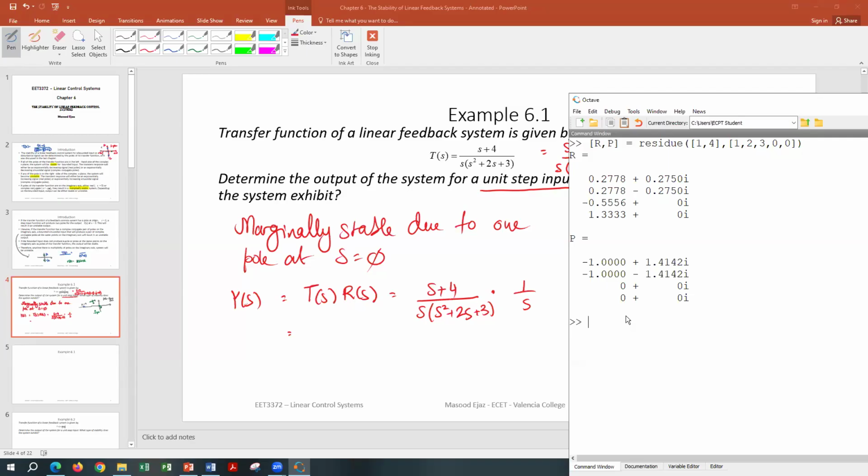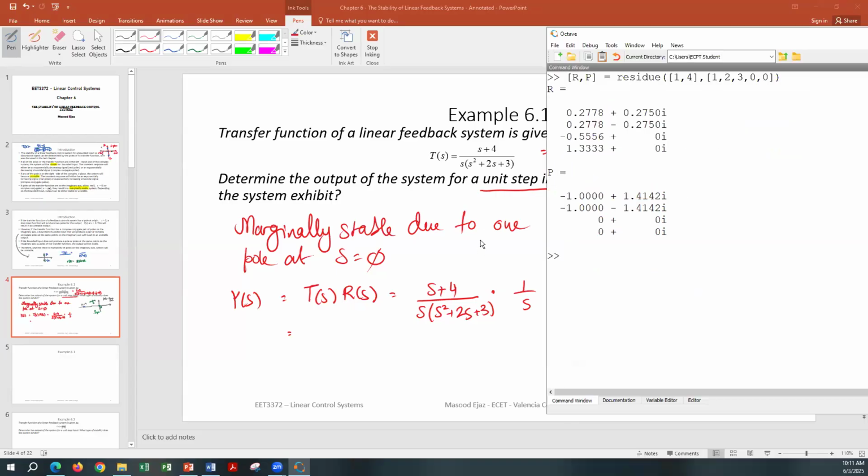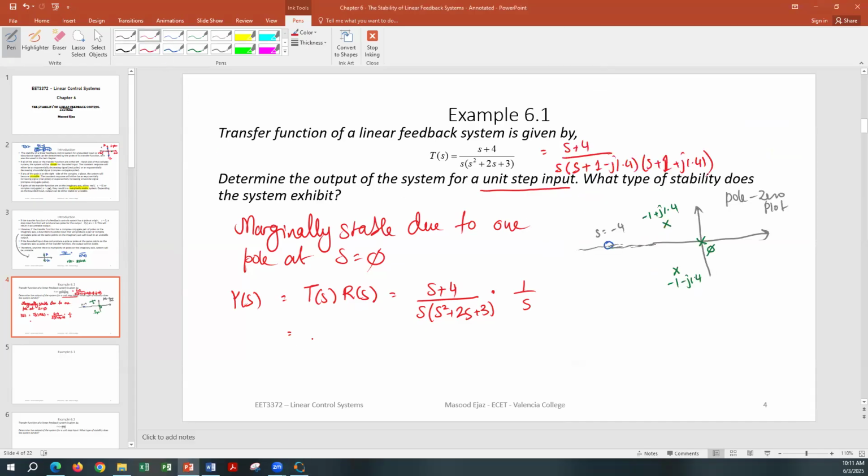So once you're writing this thing from the residue function, then you're going to write it right here. Let me write it down first. I can write down s first. So I have negative 0.5566, negative, what was that, 1?